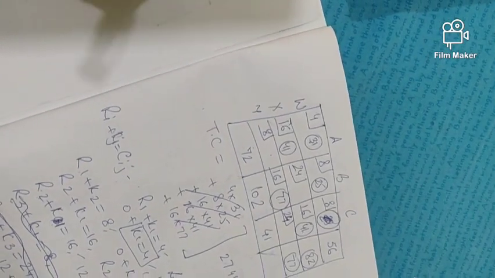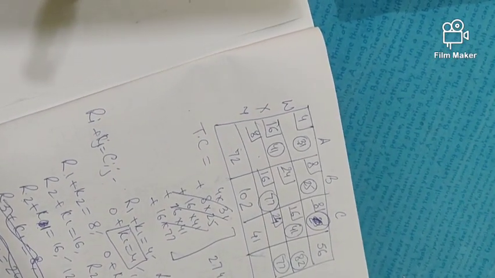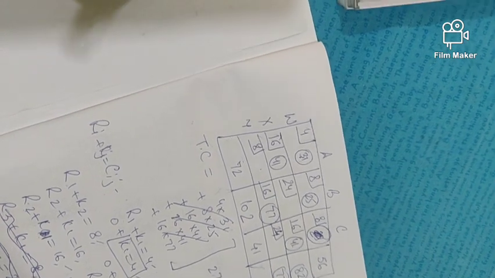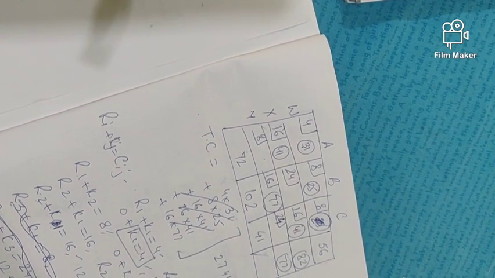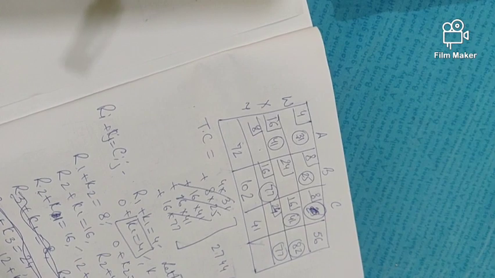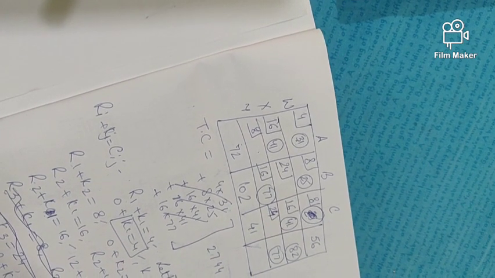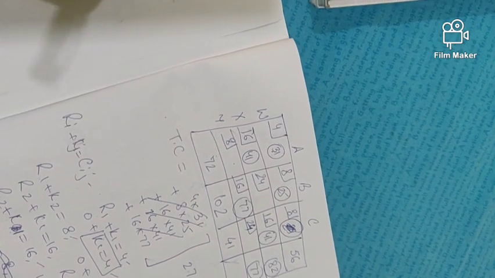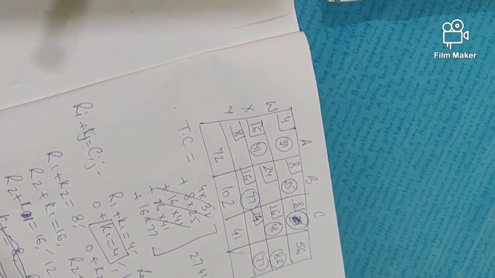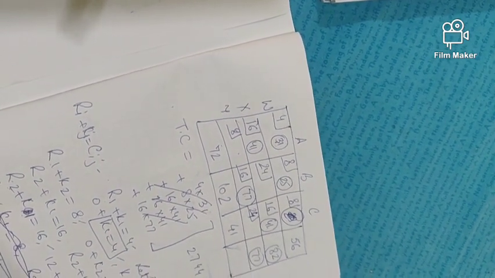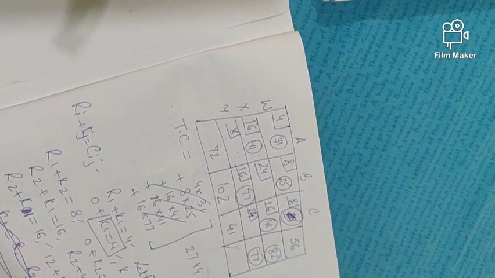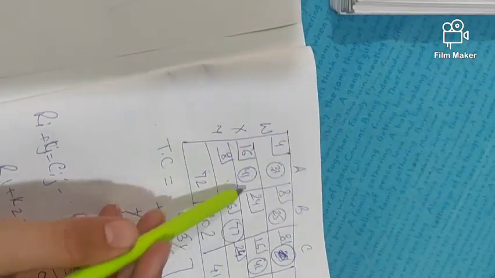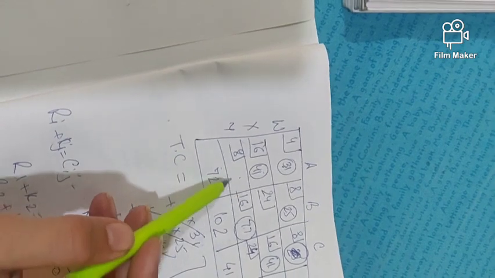You will have to pick up the squares with the help of which you can form a loop, or you can just do it in the question also, but I am doing it here for you. See, earlier also in the stepping stone method, we used to make sure that the loop should be there. If you pick up these 4 values, then a loop cannot be formed. A loop can be formed from here.